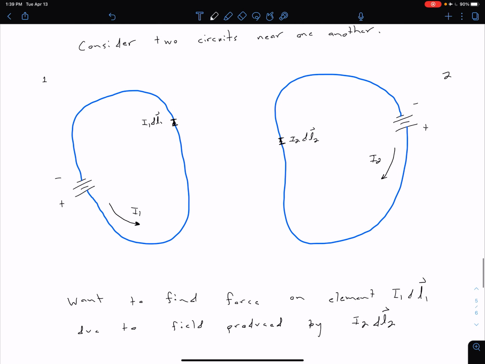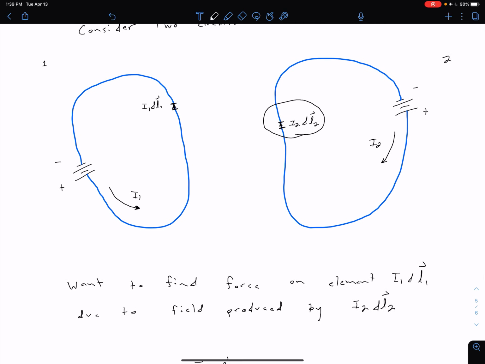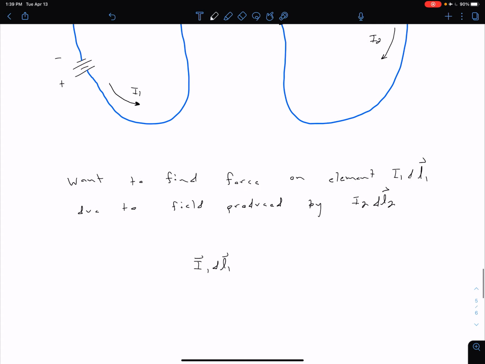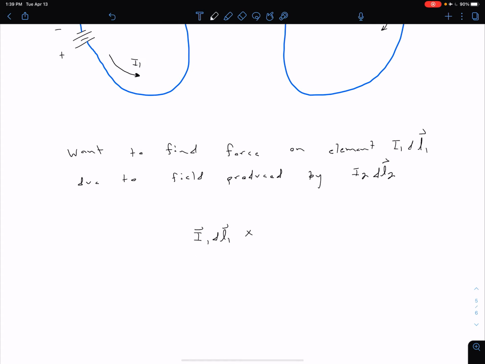However, because we're considering some differential element of circuit 2, that's going to be producing some differential magnetic field dB, as opposed to the full magnetic field that we would get if we integrate around the whole circuit. And of course we'll get to that eventually. But for the time being, let's just leave that as dB2, where B2 is our magnetic field produced by this differential current I2 dL2.